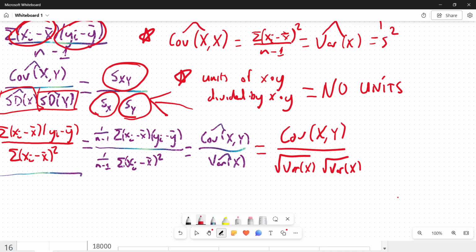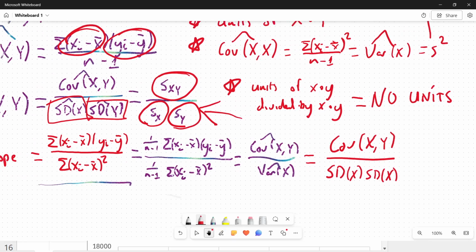Why would I do that? Because I noticed that that's not just variance, that's the standard deviation. SD of x, and then the standard deviation of x again.